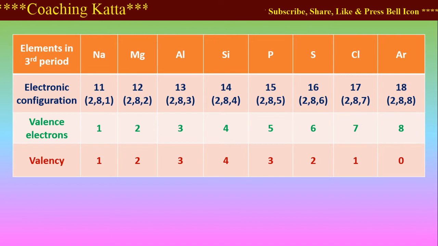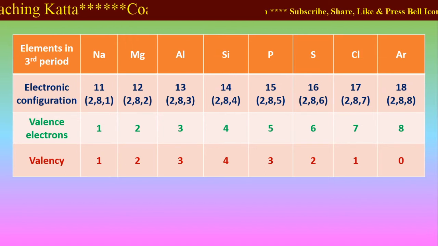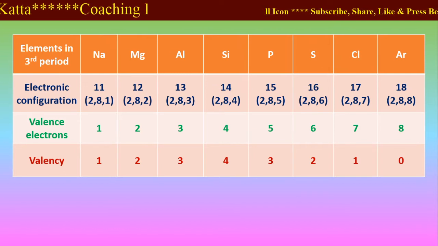Therefore, it donates 2 electrons to complete the octet. Therefore, its valency is equal to 2. Like this, chlorine, the configuration is 2, 8, 7. Valence electrons are 7. So, chlorine accepts 1 electron to complete the octet. Therefore, the valency of chlorine is equal to 1.